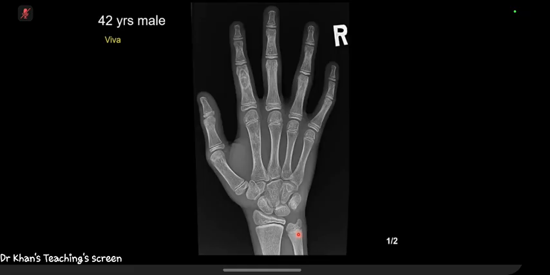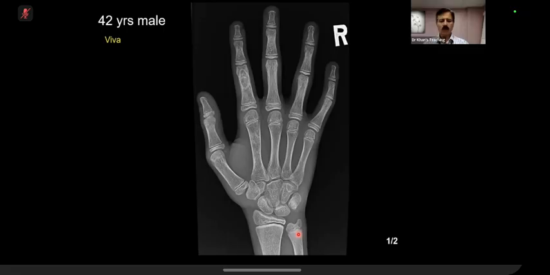It's not particularly expansile. The appearance of this lesion is most in keeping with an enchondroma. It has benign appearances. And what is your differential? I suppose it could be another benign lucent bone lesion, potentially a bone cyst, although I wouldn't expect internal matrix in that case.